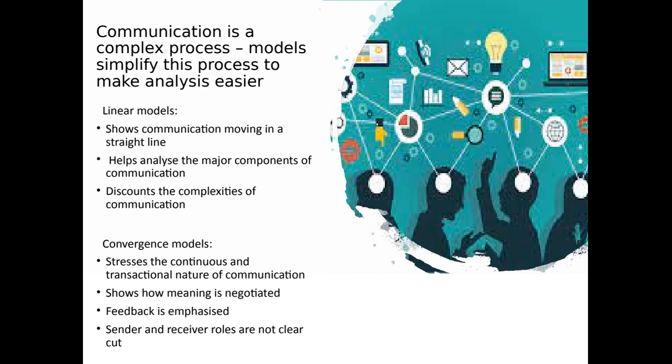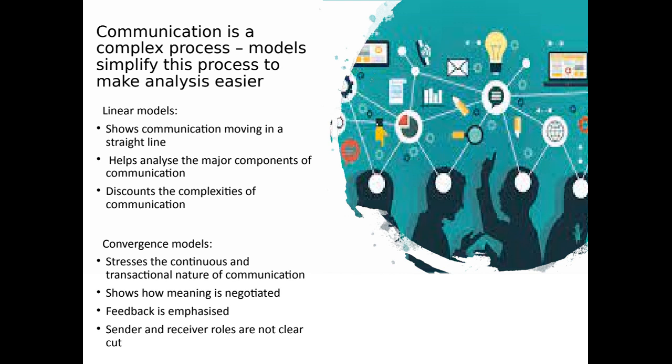So you might send a message, but the receiver is also sending messages back to you in the form of non-verbal feedback. So as you are sending a message, you're also receiving the messages of feedback. Now, the feedback in that case is not as emphasized or as important as the main message, but you're still being a sender and receiver at the same time.